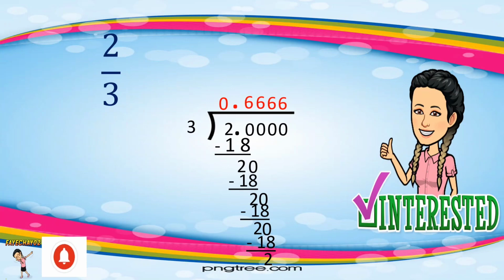So 2/3 in decimal is 0.6666 and so on, because it is a repeating decimal. Or we can round it off as 0.67, or 67 hundredths, or we can write it as 0.6 with a bar. The bar represents that the number is a repeating decimal.